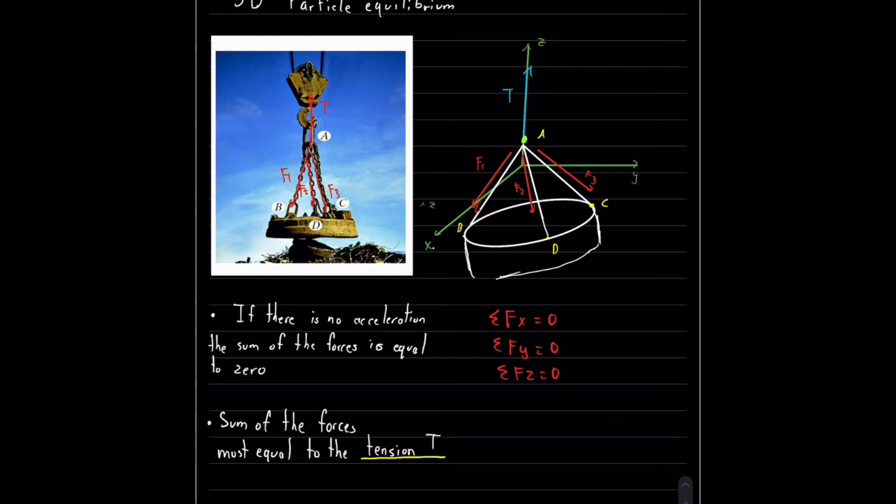These equations are known as equations of equilibrium. And we use them when we have no acceleration.